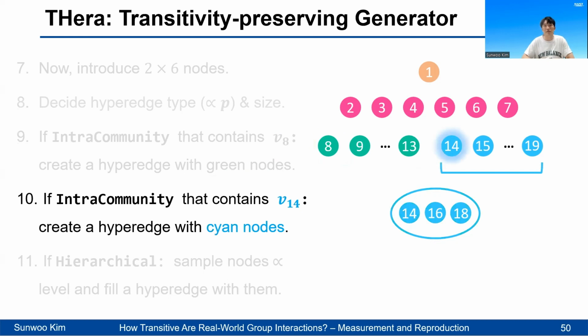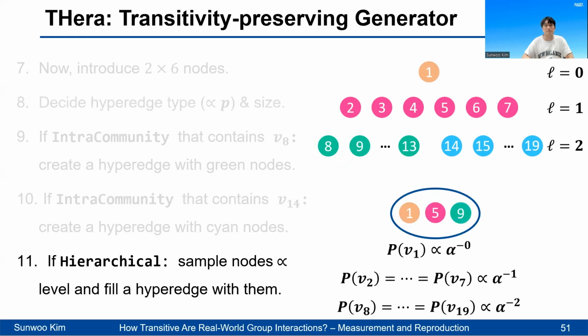Similarly, if we are creating an intra-community hyperedge with node 14, we sample nodes from the community of node 14, which are cyan-colored nodes. If a hyperedge is decided to be a hierarchical hyperedge, methods are identical to the aforementioned hierarchical process. Note that more nodes have appeared in the tree, and the sample space is larger than in the previous case.